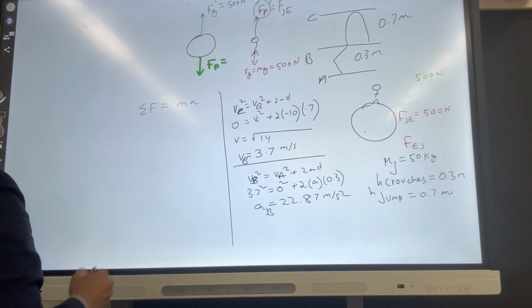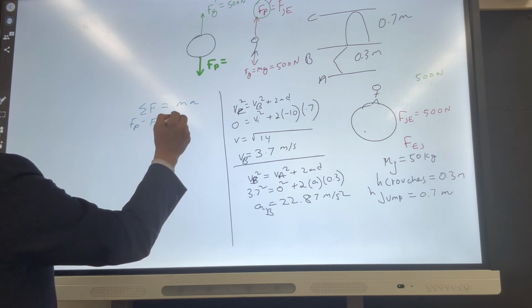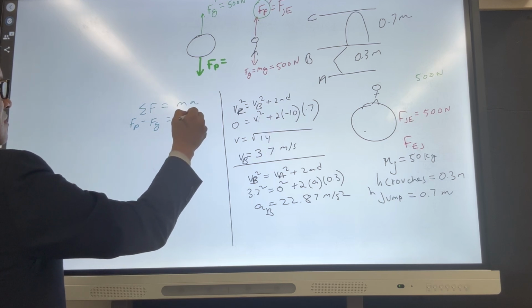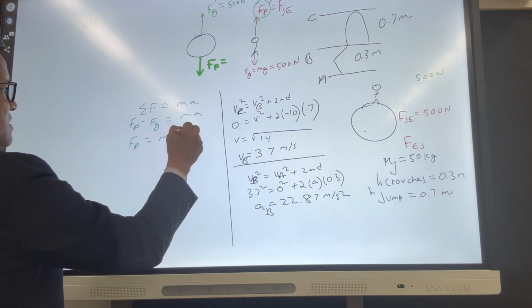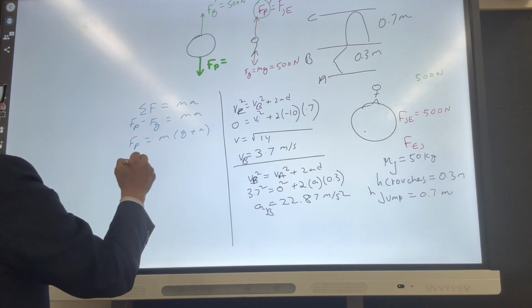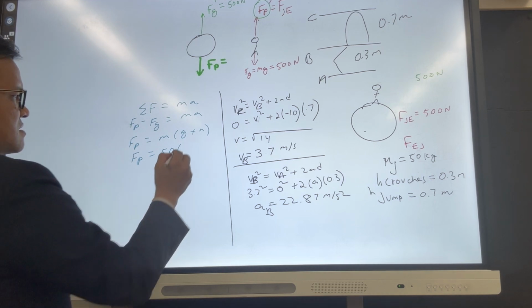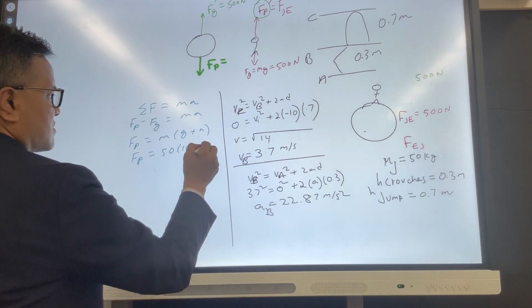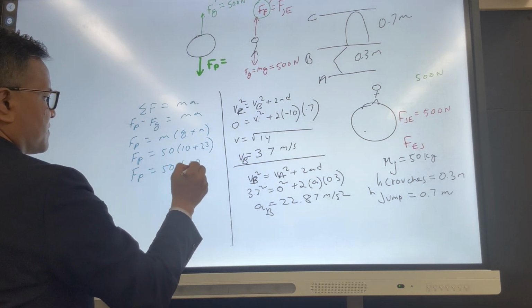So for all the forces acting on it, Fp minus Fg is equal to m times a, where m is 50. So Fp is equal to m times g plus a. Fp is 50 times g, which is 10, plus a, which is 23, so 50 times 33.